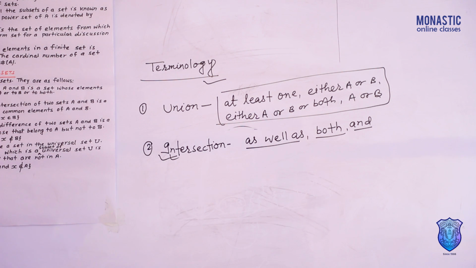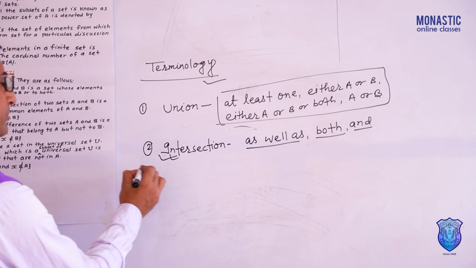Like in your question, it will be: there are 10 students who like both of them, who like A as well as B. This all represents intersection.